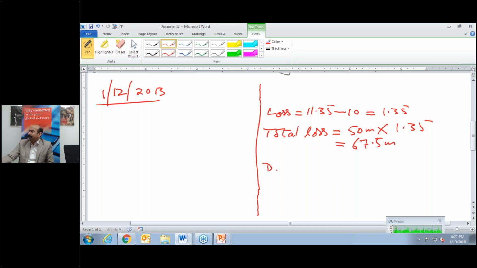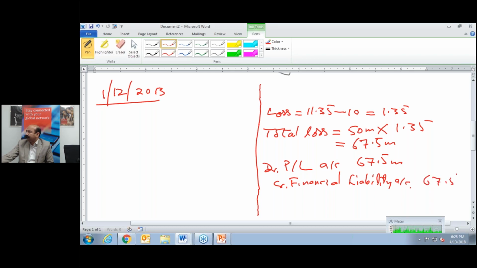So the double entry for recording this loss will be: profit and loss account 67.5 million debit, and credit financial liability, which is a forward contract, that will become 67.5 million.